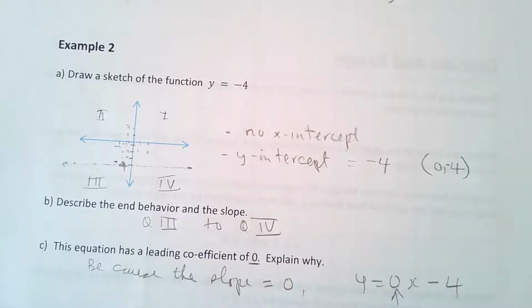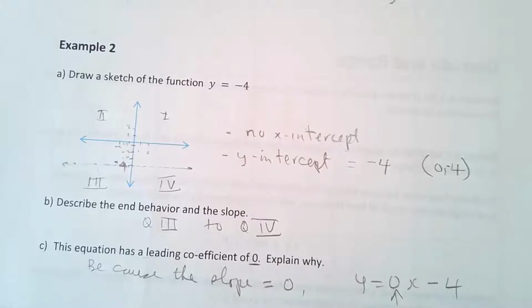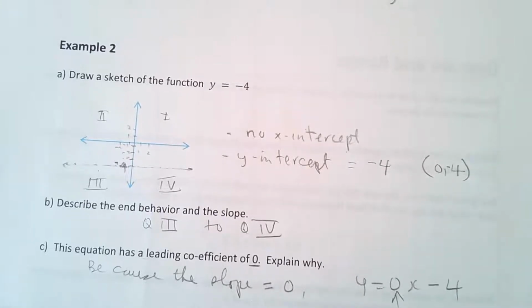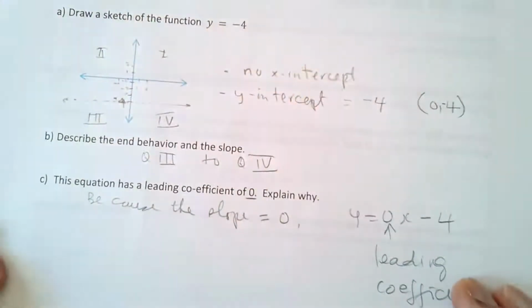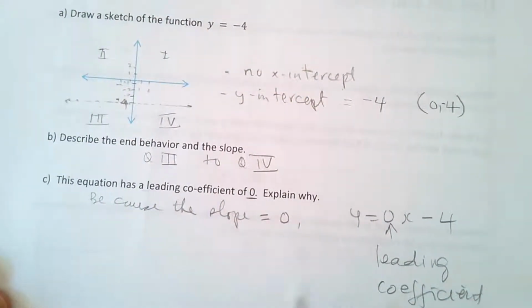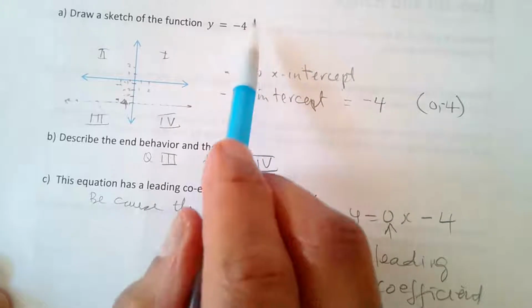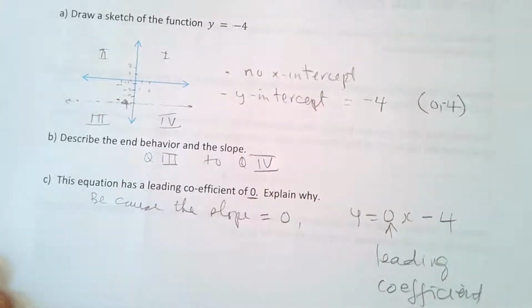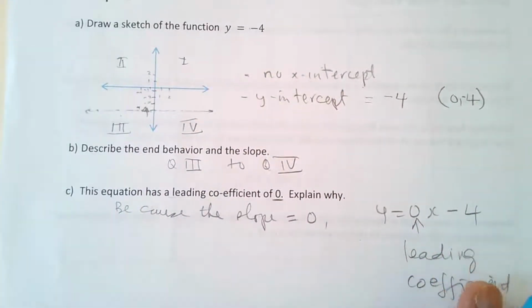So that's my leading coefficient. Because your leading coefficient is 0, we don't normally write it. So we leave it as y equals negative 4.